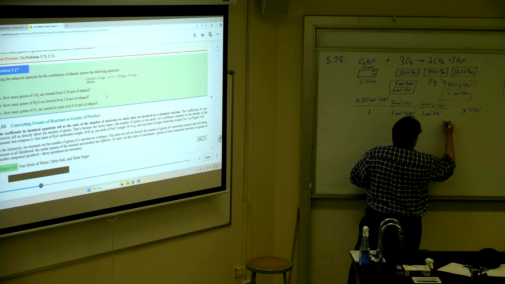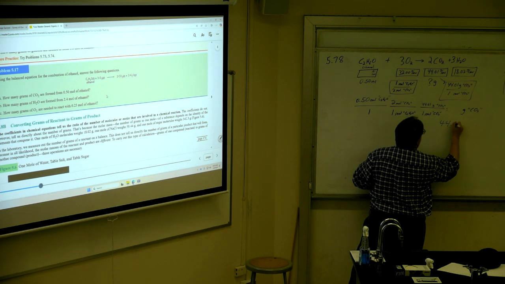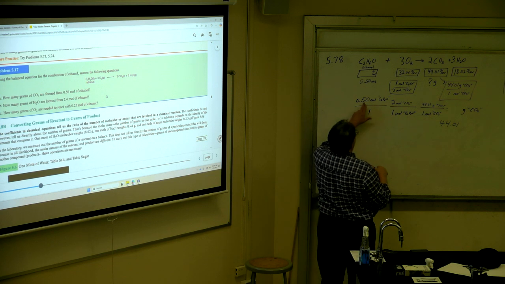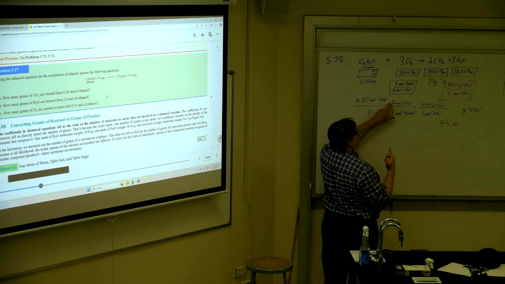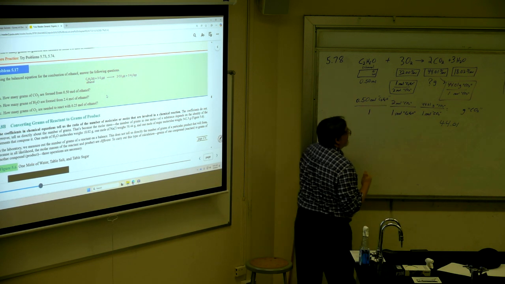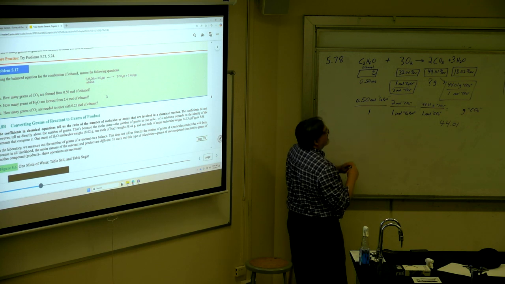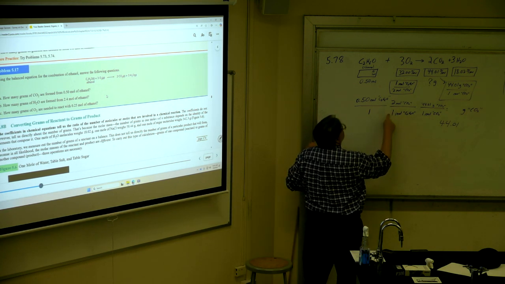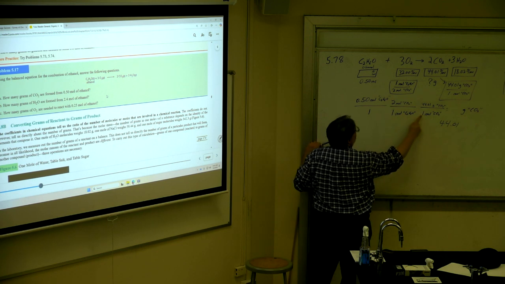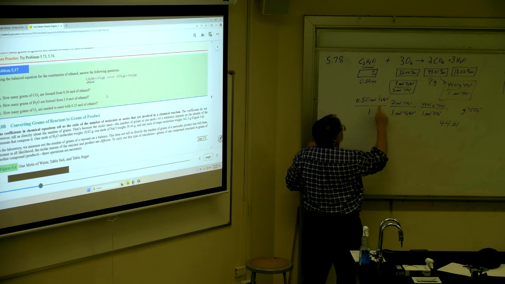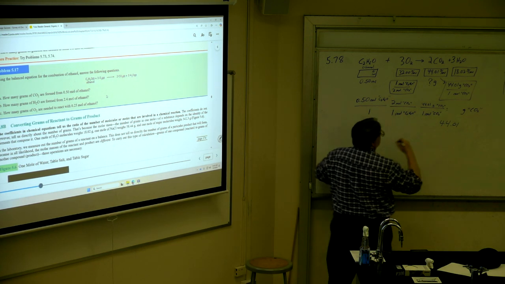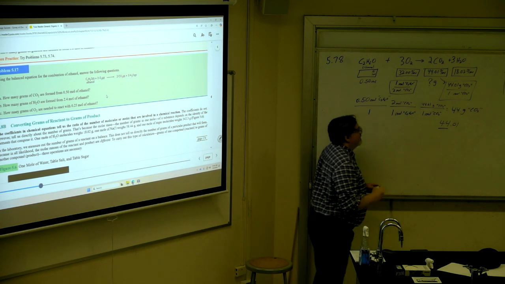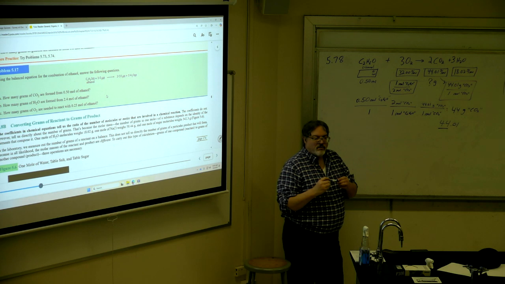My calculator says 0.5 times 2 is 1, so we just get 44.01 back. But we only need 2 significant figures here. These are those coefficients from up there, so these are exact. So 2 significant figures and 4 significant figures, we're only keeping those. The answer is 44 grams.